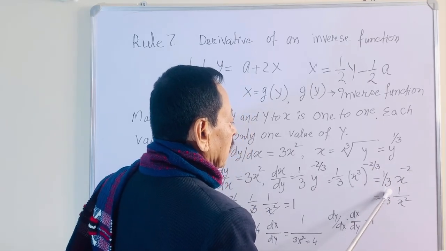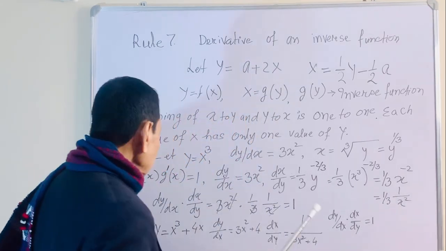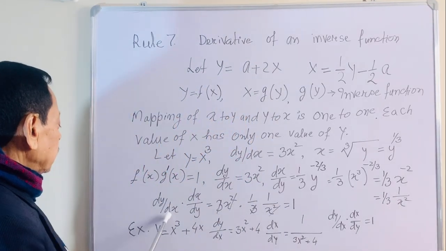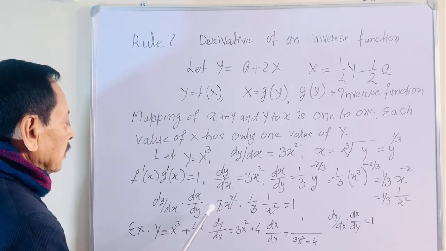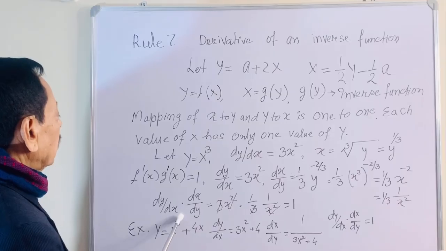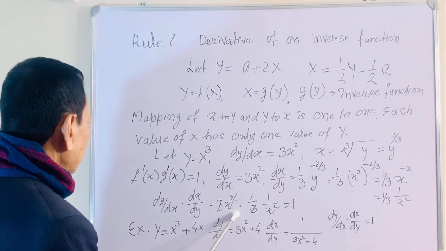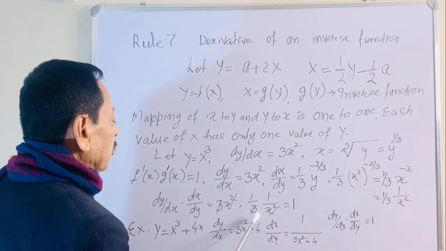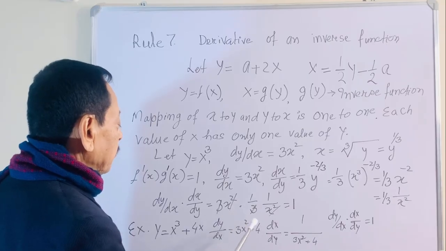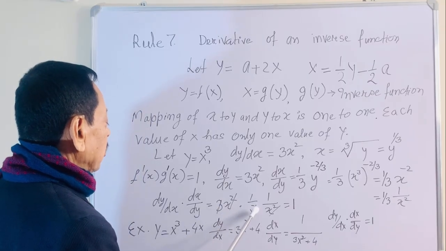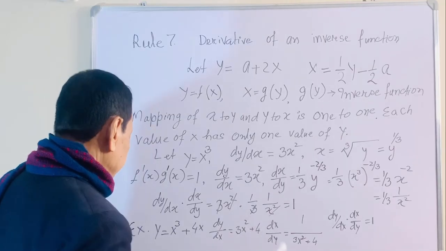So this is equal to 1 by 3 into 1 by x squared. So dy by dx into dx by dy must be 1. When this is multiplied, the 3 will be cancelled, x squared will be cancelled, leaving 1.